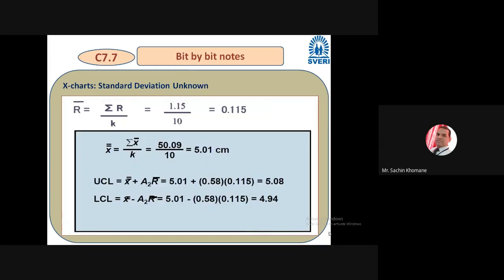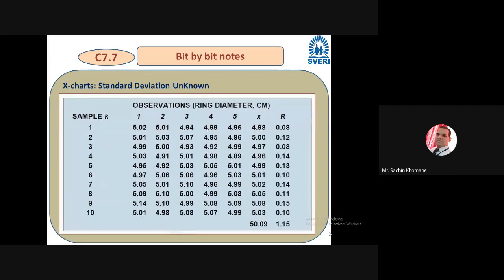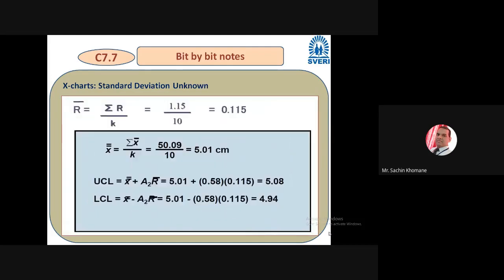Now, how to calculate R bar? So summation of R, which already you have done, it is something 1.15, and readings which you have mentioned, these are the 10. So R bar is 0.115.